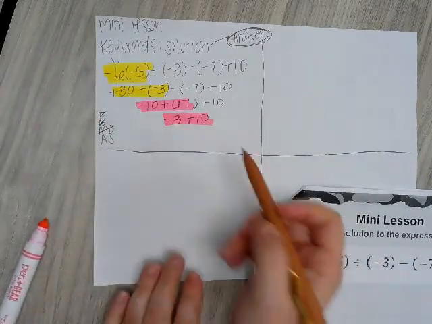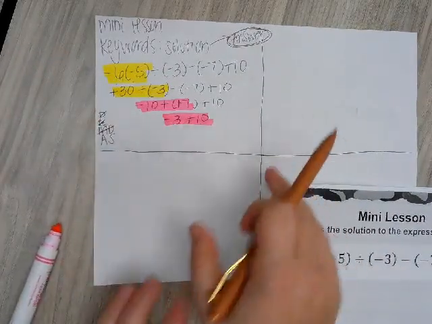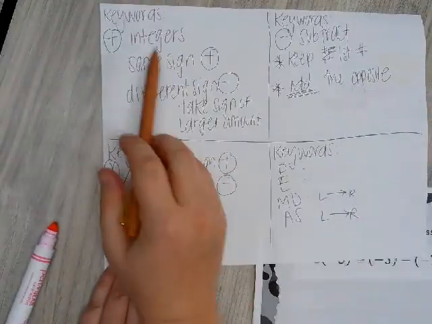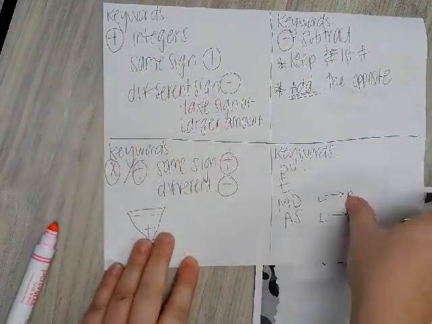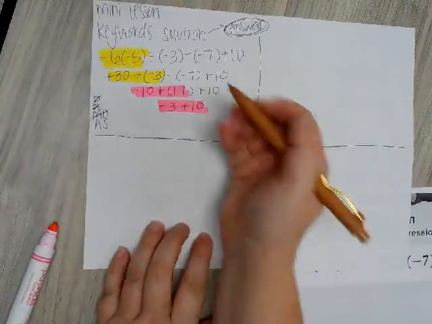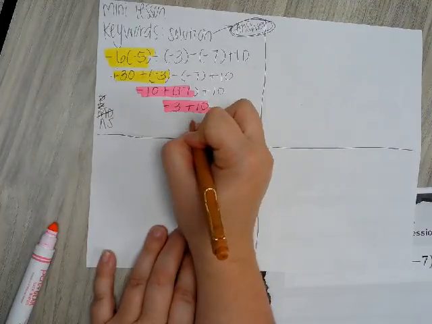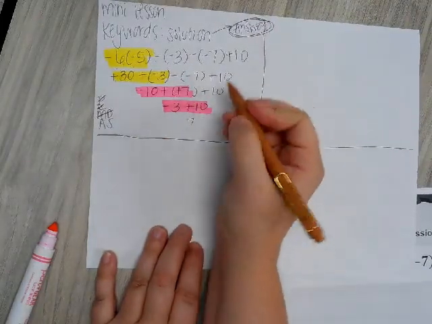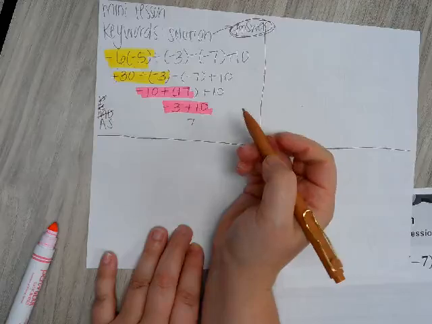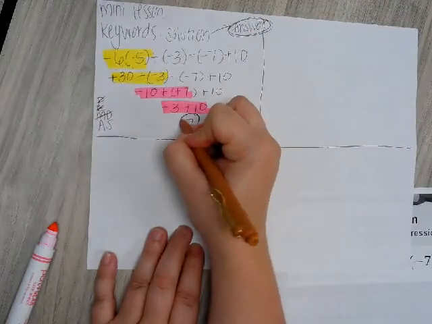There are different signs, so from my notes, I know that when I'm adding with different signs, I'm going to subtract. So 10 minus 3 is 7. And what do I have more, positives or negatives? I have more positives. So my answer is a positive 7.